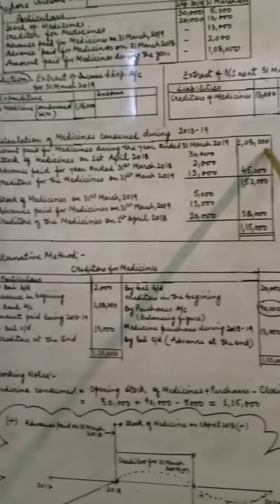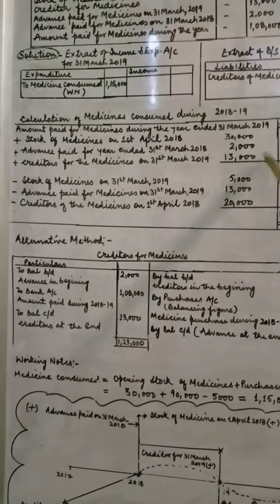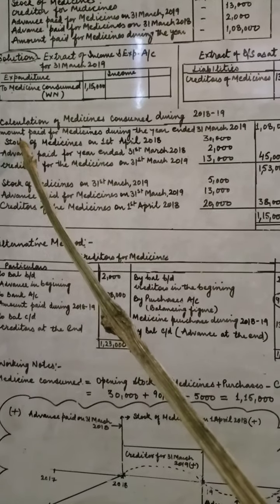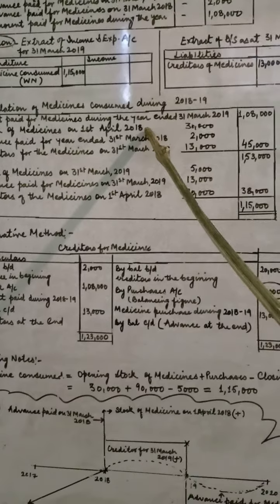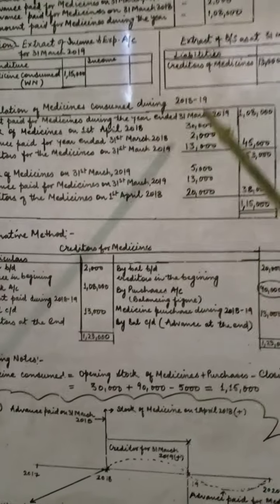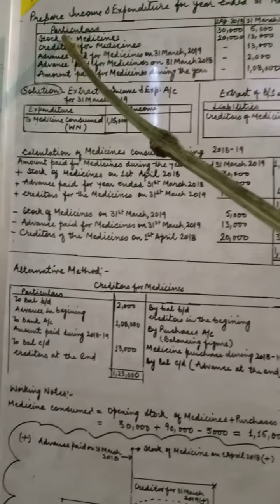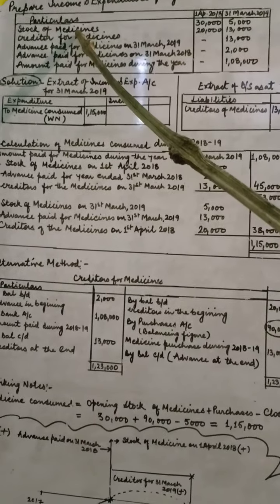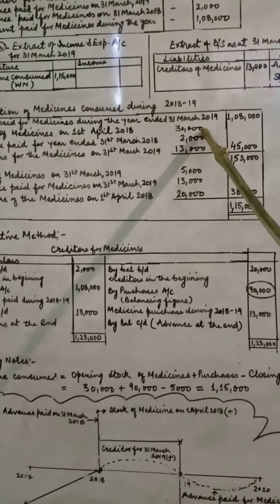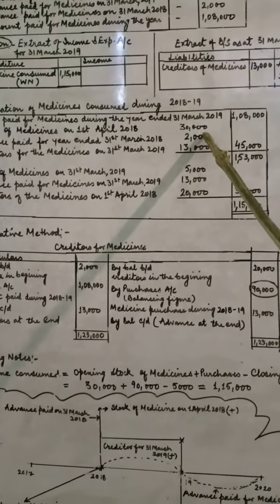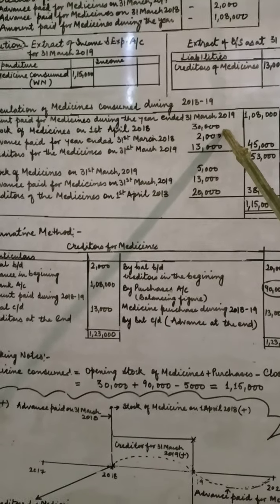Now we start with what item is going to be minus or what item is going to be plus. Now see, first of all, the stock of medicine on 1st April 2018, that is 30,000. It is the stock of medicine on 2018, related to your current year because it is the opening stock, so it is going to be added here.